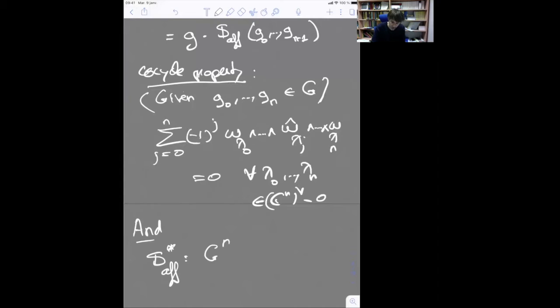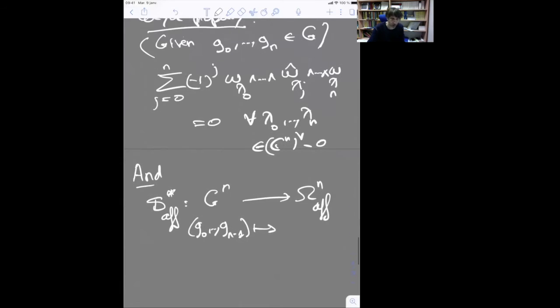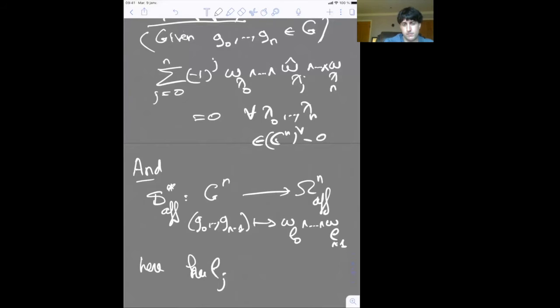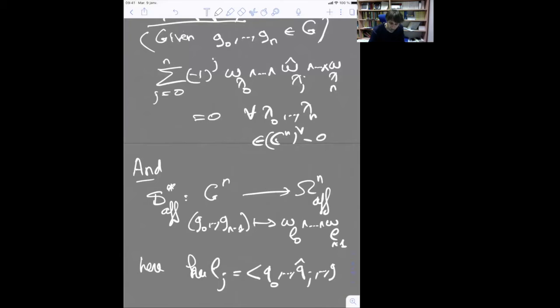It goes again from G to the n to omega n affine, and it's essentially the same expression except that you replace lambda by L. And so you have to say what is L, and here L is a linear form whose kernel, of course, only the kernel is important, is generated by the vectors Q0 up to Qn minus 1.